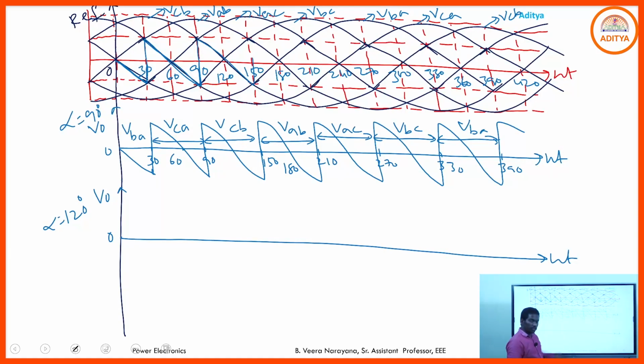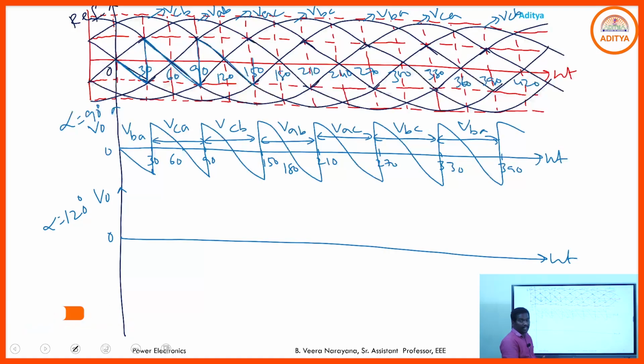Okay, so this is a representation of average DC output voltage. Voltage waveform representation for alpha equal to 90 degrees. If you have an R load, there are no negative pulses, only the positive portion. If you have an inductor in the load, then depending upon the value of the inductor, you may get negative pulses in the output voltage.